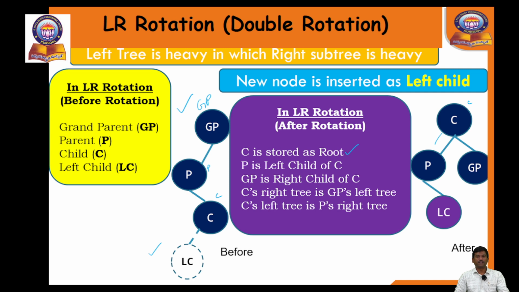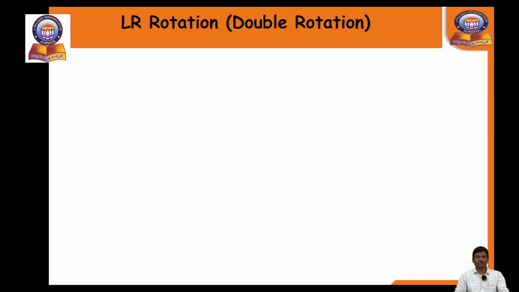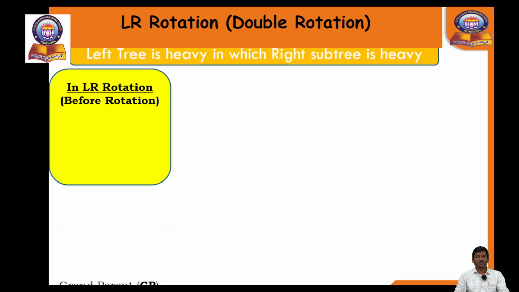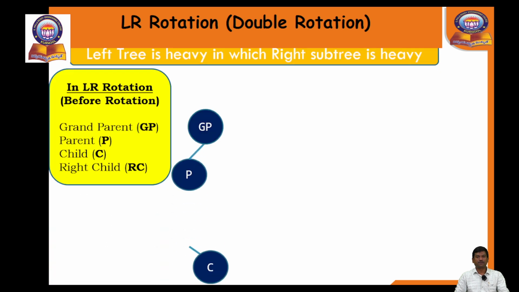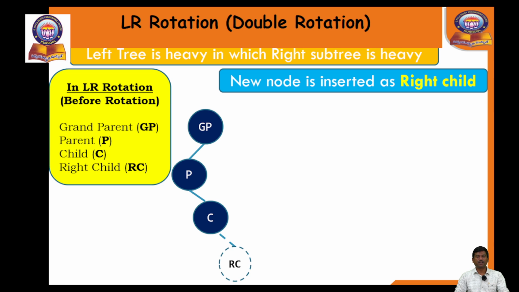This is before rotation and the after rotation. So consider the same scenario, that is left rotation, grandparent, parent and similarly child, because I've taken two scenarios. For the child, you may be adding the new node as the left child, or as the right child.